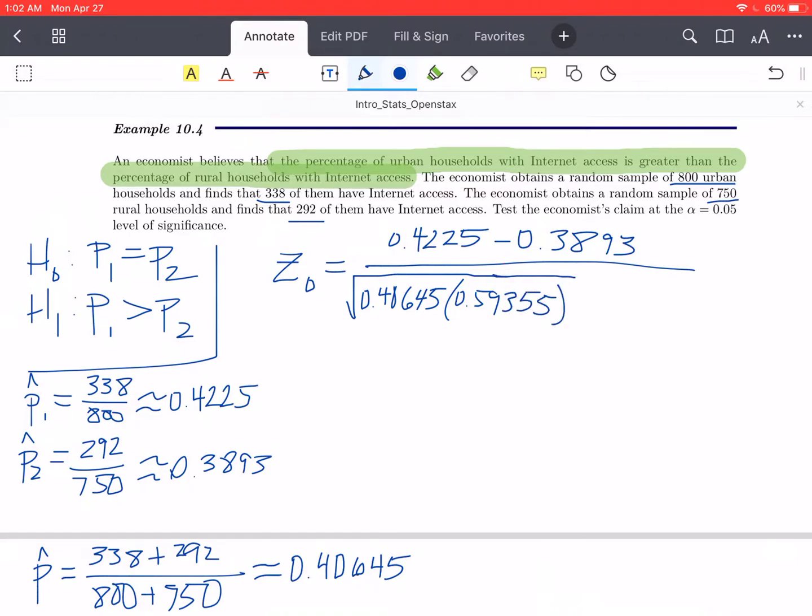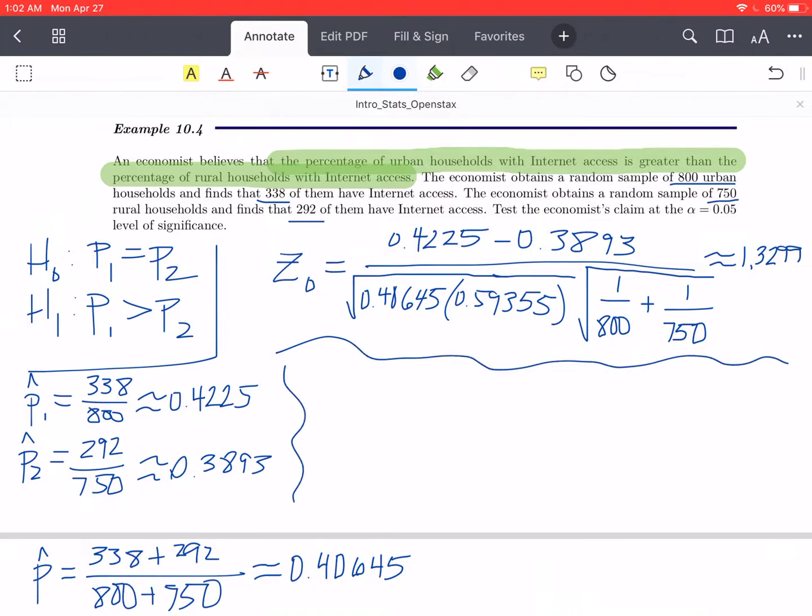So you can see these take up a bit of space here, times the square root of 1 over the first sample size, so 1 over 800, plus 1 over the second sample size, so 1 over 750. Okay, so run that whole computation through Desmos or a calculator, and we get 1.3299. So that's going to be our test statistic in this case.